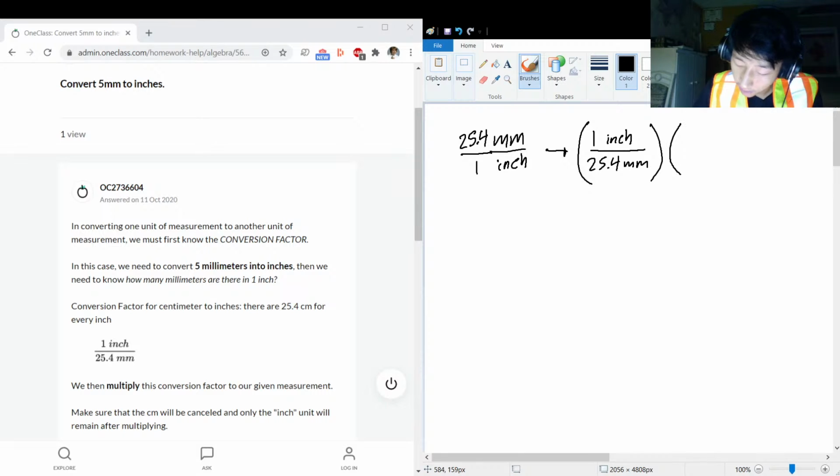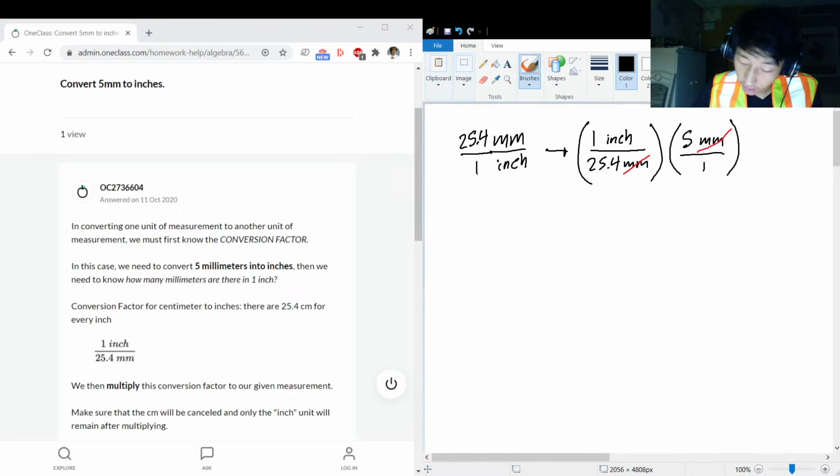So if we just multiply this by 5 millimeters over, I guess 1, because it really is just 5. If you look closely, you can see that the millimeters on the top here get neutralized by the millimeters on the bottom here. Even though they're just units, if you see one on the top and one on the bottom, they will certainly cancel out each other. And I promise that's always the case.